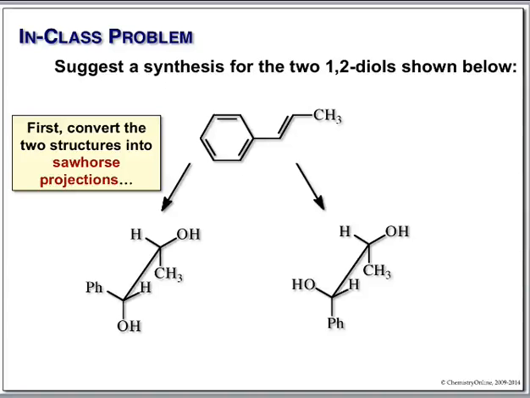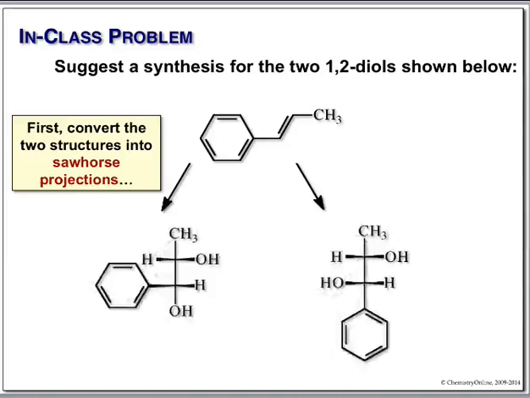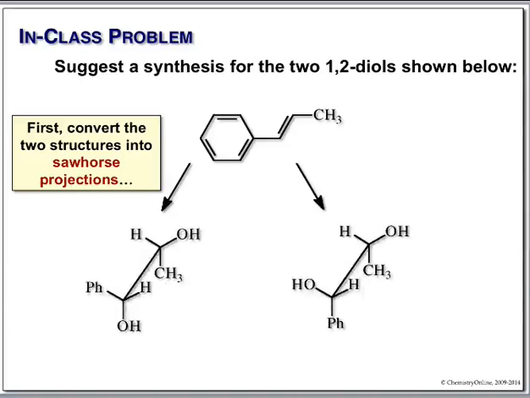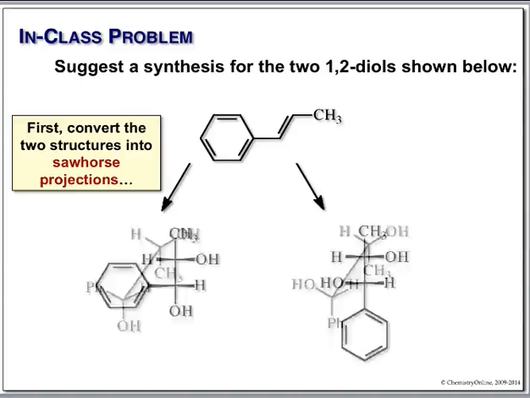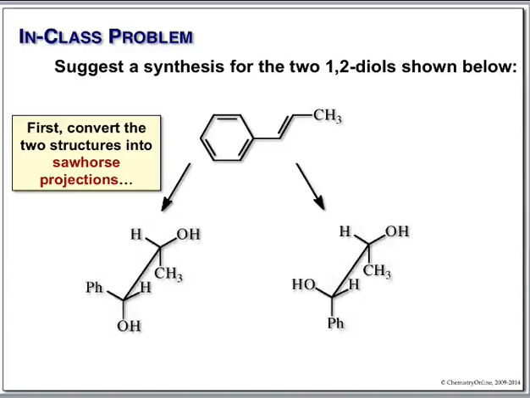Our second guy here, we have phenyl down, hydroxyl and hydrogen up. Back carbon, methyl down, hydrogen, hydroxyl up. So, there are our two sawhorse projections.